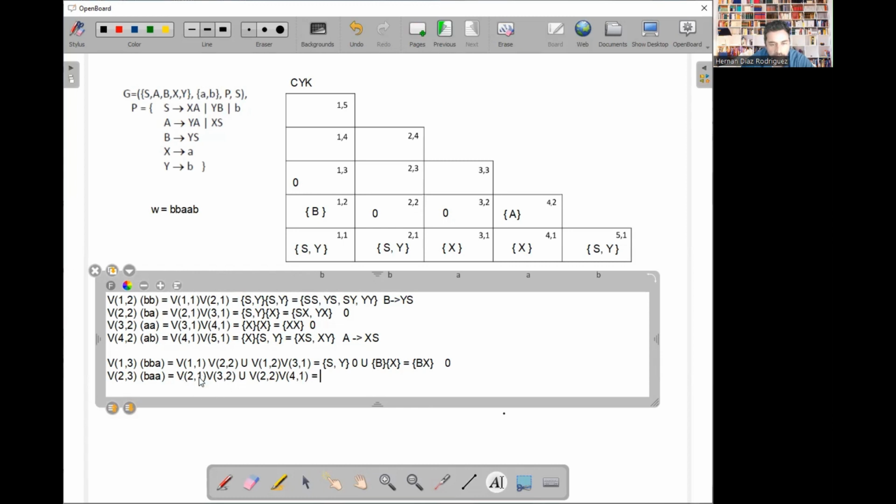So we take the combination of all the variables that we have on those cells: 1, 3, 2, which is 0, and 2, 2, which is 0, and 4, 1, which is X. And again, there is no combination here.